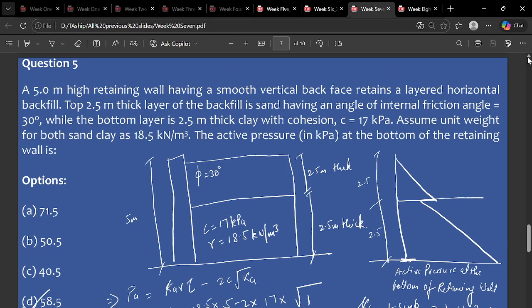If you are given a retaining wall with two soil layers, how to take that into account.